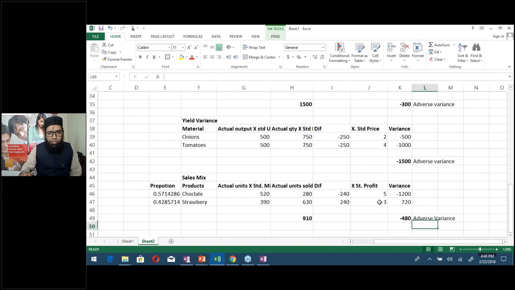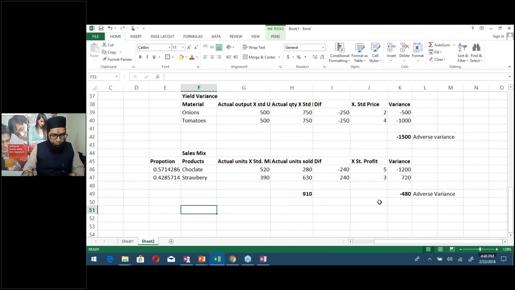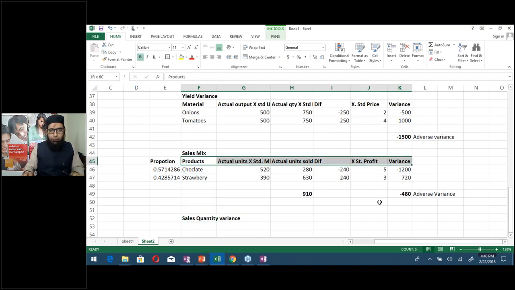Now let's calculate sales quantity variance. Once again, I will simply copy and paste my headings.